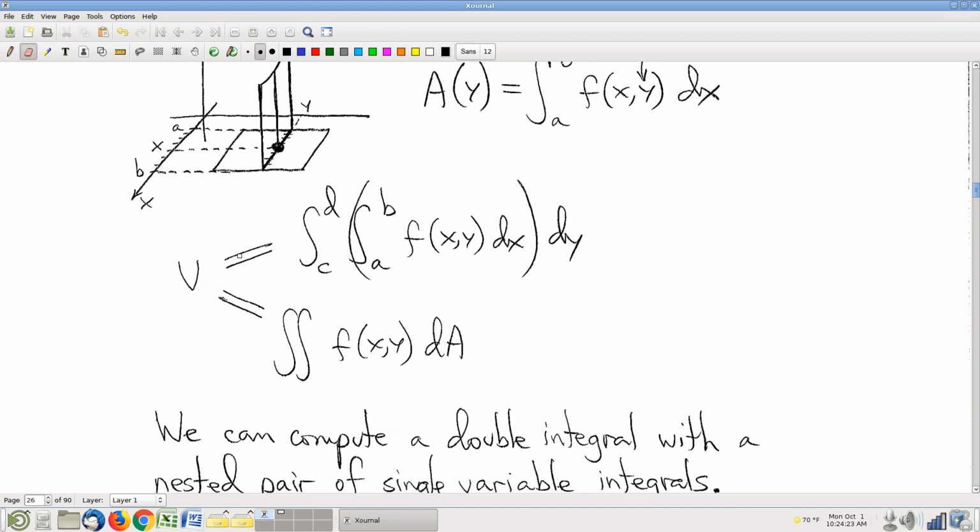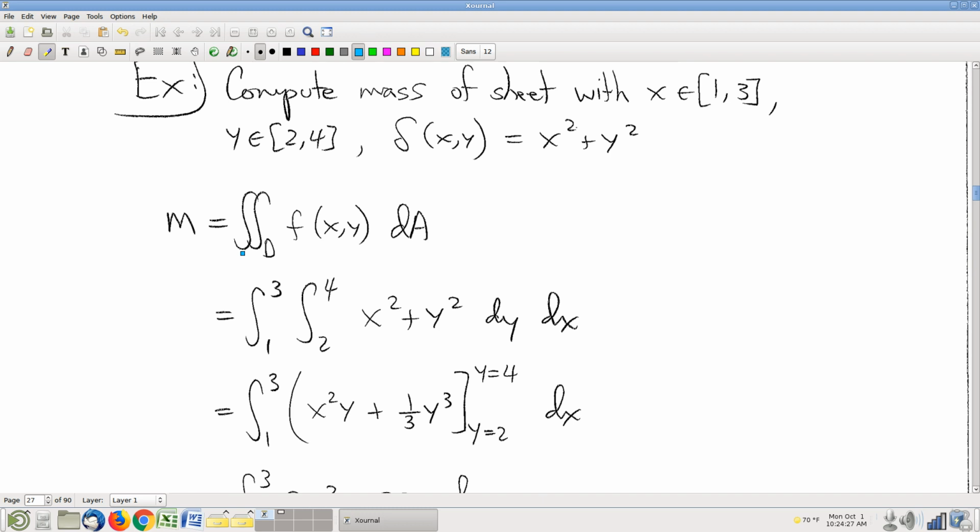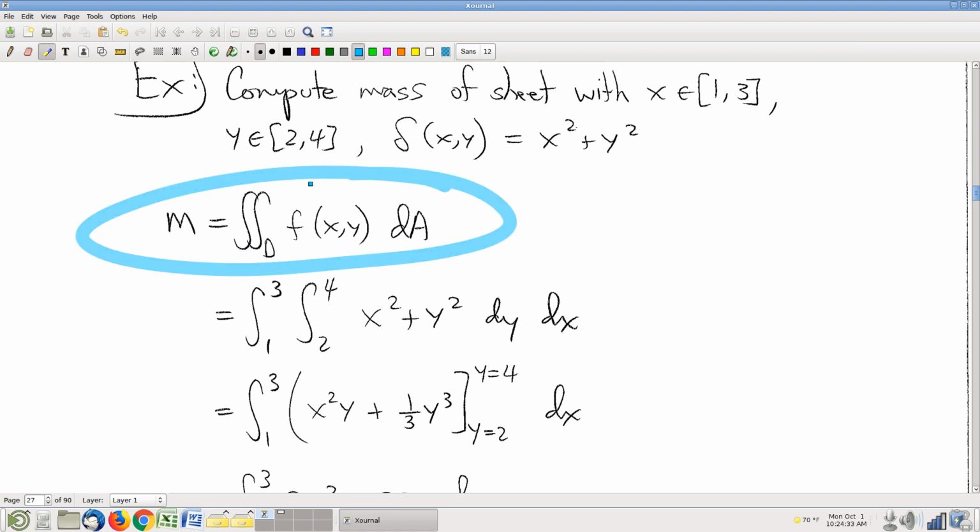Okay. So here was one application, when we compute the mass of a sheet. We've been through this example already, so I'll go quickly. Mass is a double integral. Mass per unit area times area gives you little pieces of mass, and you add up all the little pieces of mass, right? So highly plausible argument.